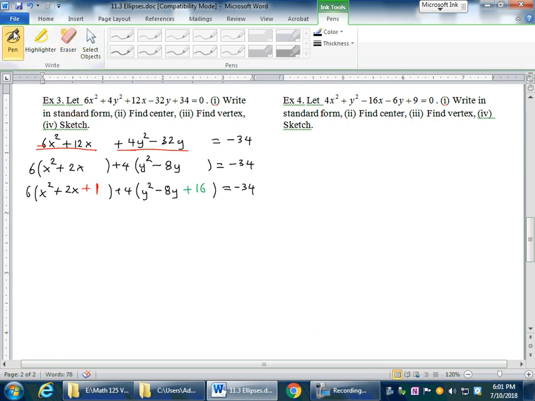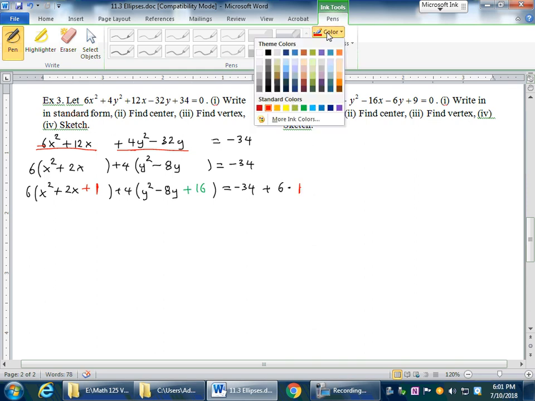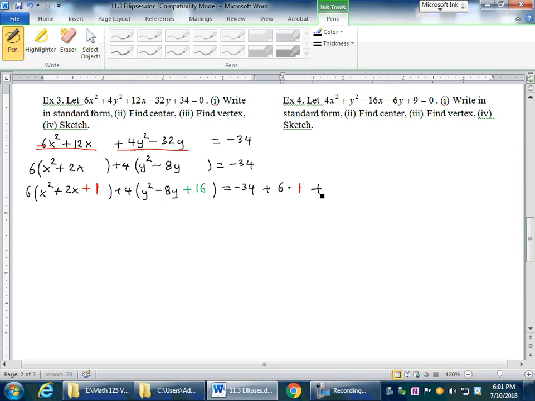So when I add on the right-hand side, I'm basically adding 6 times 1, and then for the y part, it will be 4 times 16, because if you distribute it, 4 times 16. Those are the numbers that you are adding on both sides.